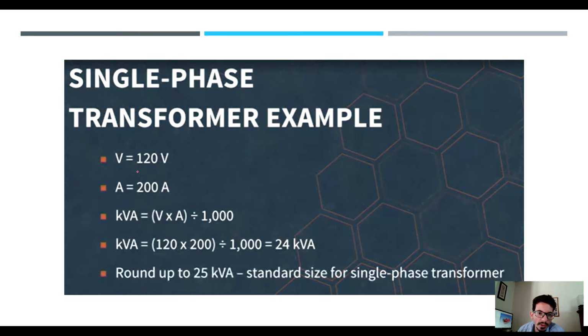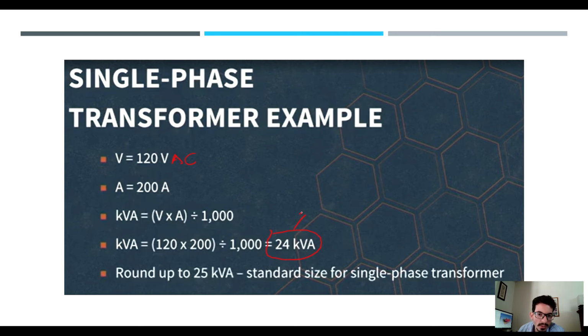So for example, if you're operating at 120 volts AC and the amperage drawn is 200 amps, which is a lot, the way to compute your kilovolt amperage is by multiplying 120 times 200 divided by 1,000. That gives you 24 kVA. Now there are standards, and you can find them in manufacturers' booklets or even online.